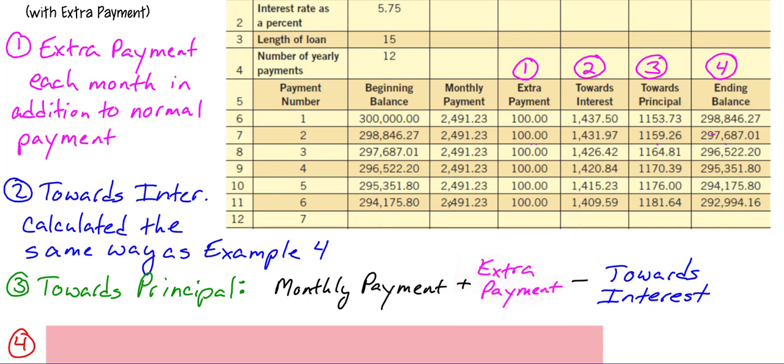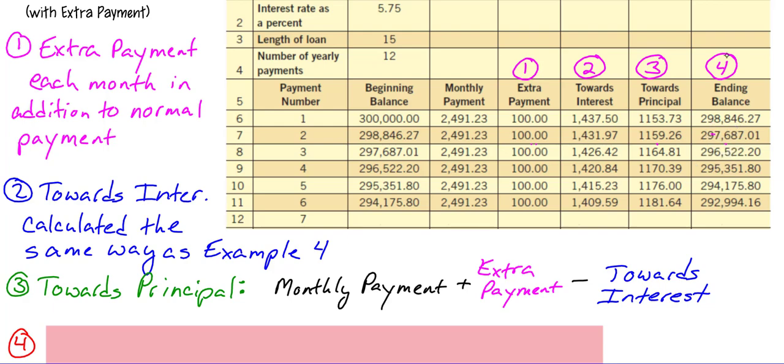So, for example, on this first month, it would be $2,491.23 plus 100 minus $1,437.50 to get the towards principal amount. And you'll notice that the towards interest goes down quicker and the towards principal goes up quicker.